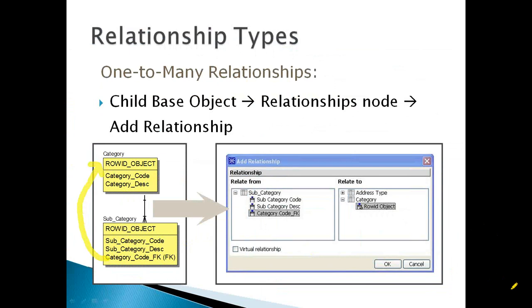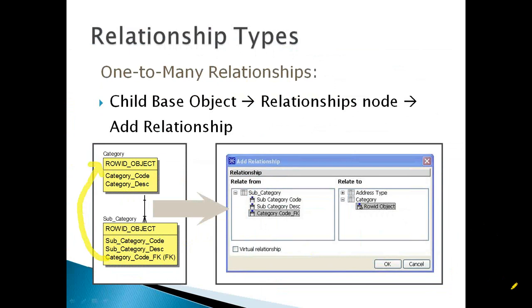When we are creating the relationship between the business tables, where we know that between two tables a one-to-one and one-to-many relationship is maintained, in that case, in the child table I will create a foreign key column and map it with the row ID object of the parent table.